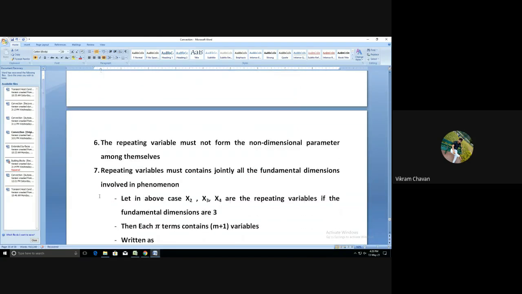Next rule is the repeating variables must not form a non-dimensional parameter among themselves.